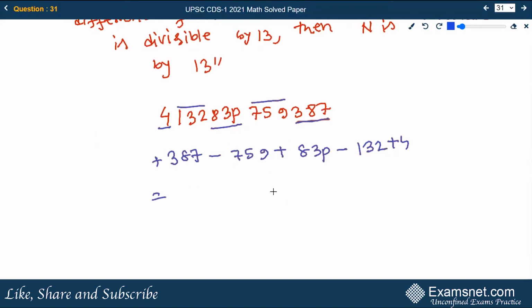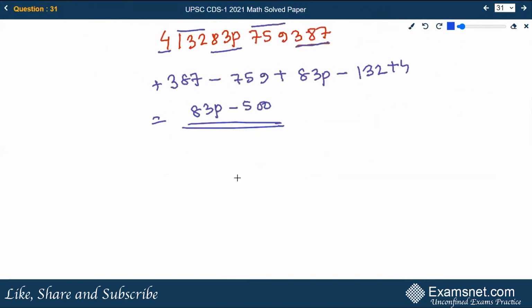If I solve it, I will get 83P minus 500. Now we have to check whether it is divisible by 13 or not. If we put 833, 833 minus 500 is 333.